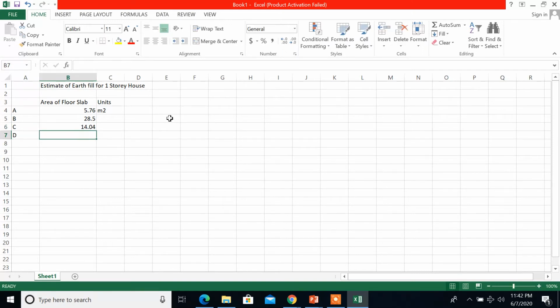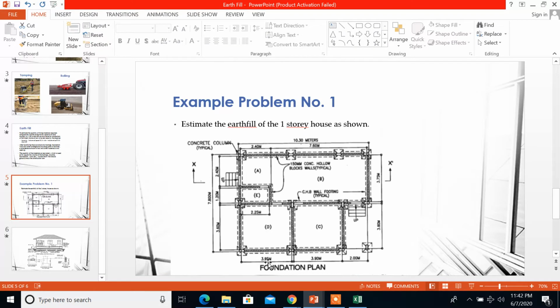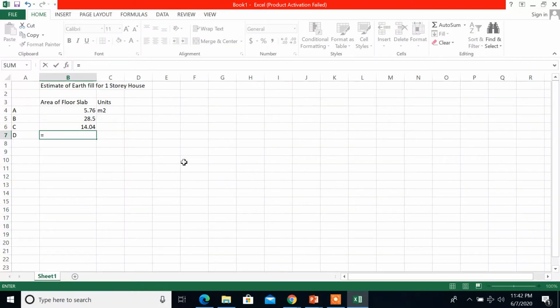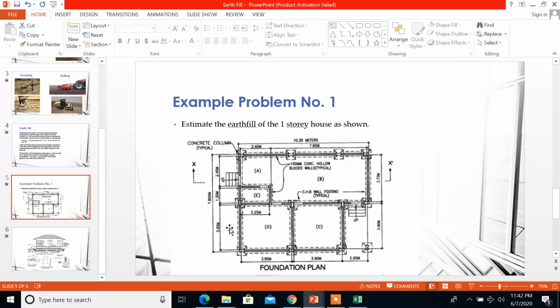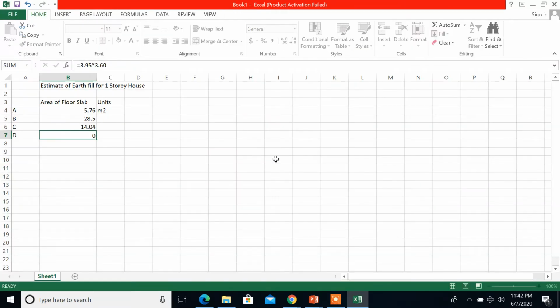And for slab D, the distance for the x-axis is 3.95, so 3.95 times 3.60.